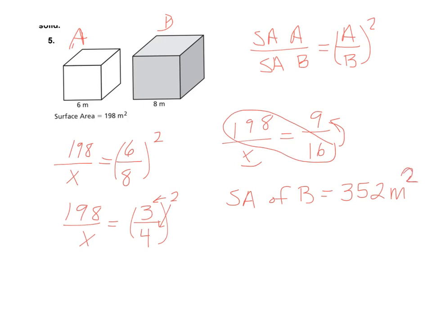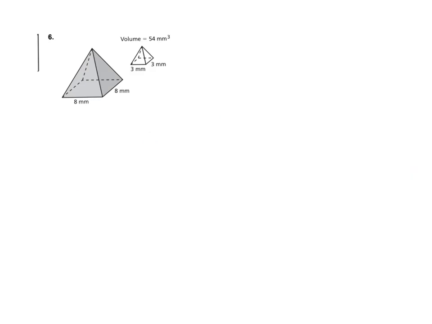All right, let's take a look at the next one. Number 6 is very similar to number 5, but it is different. We have volume of A over volume of B is equal to a length from A over a length from B, this time cubed.